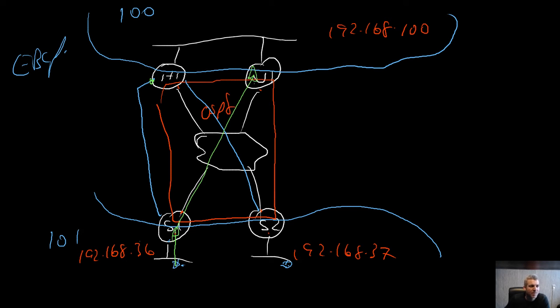Ask the VAM server, hey, by the way, do you know how to get to 192.168.37? VAM server looks at this public IP address because he's got it in his table and says, yeah, of course I know how to get there, and fires this back and says you can talk to him directly. Alright, and because they share this commonality with IPsec and so forth, they actually then start to talk to each other.